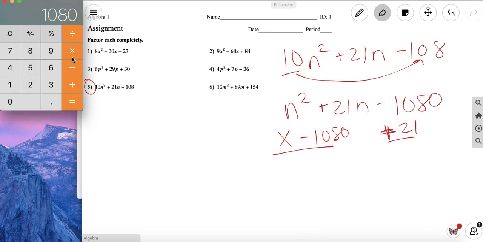1080 divided by 26? Nah. What am I doing? 1080 divided by 28. Nope. 1080 divided by 25. Nah, I didn't think it would be.